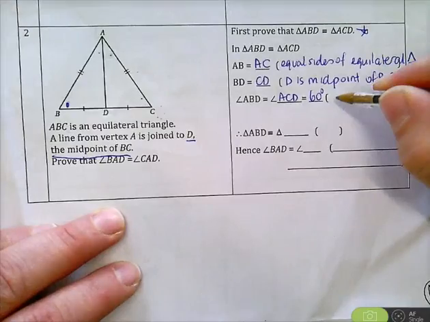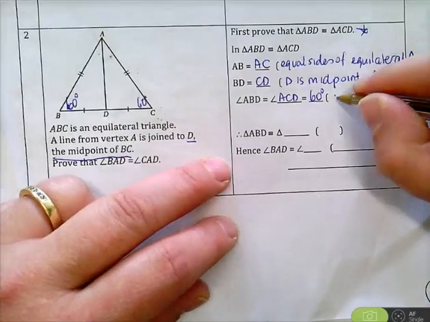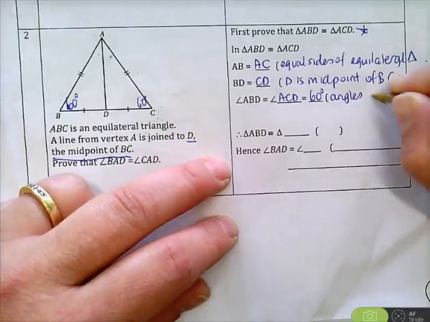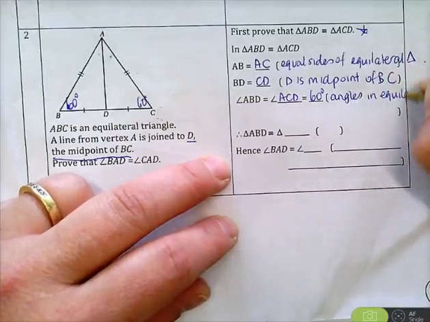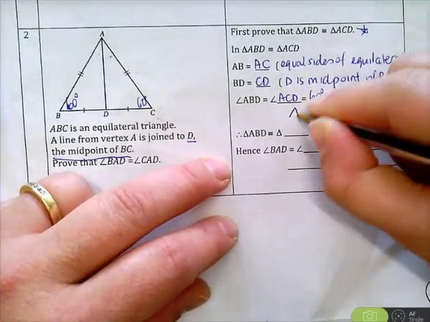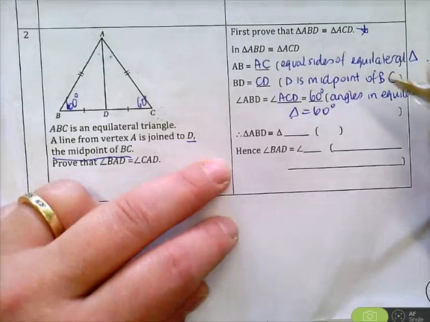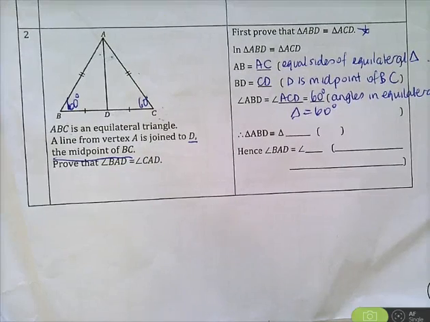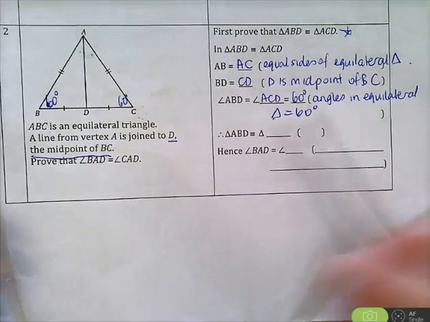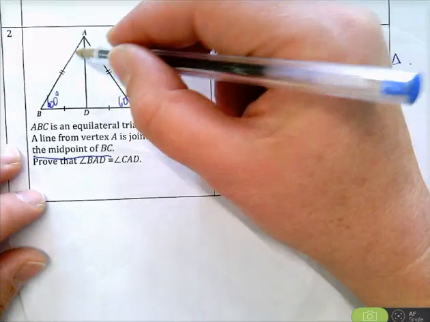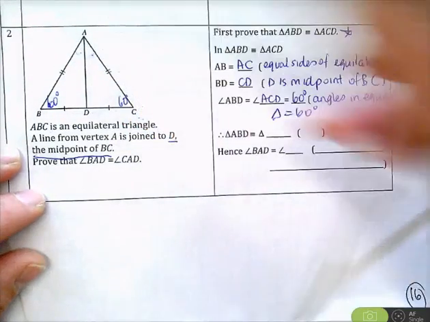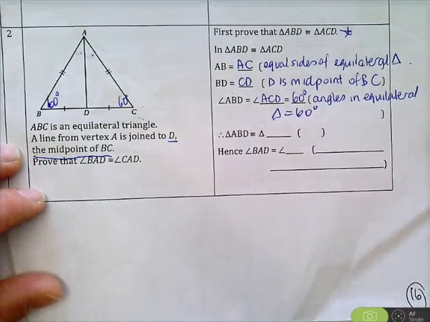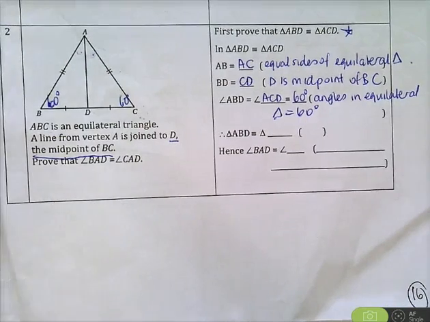Yes, all angles of an equilateral triangle are 60 degrees. So our reason is that angles in an equilateral triangle are equal to 60 degrees. Are we okay with that? So the reason that those two angles are 60, and so is this one, but I'm not mentioning it here, is that all angles in an equilateral triangle are 60 degrees.